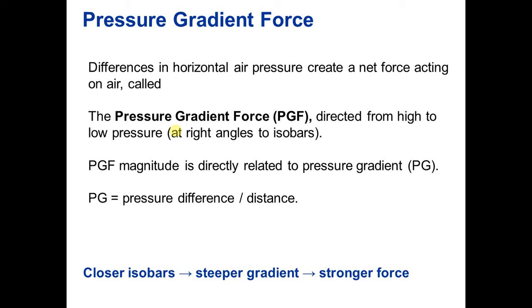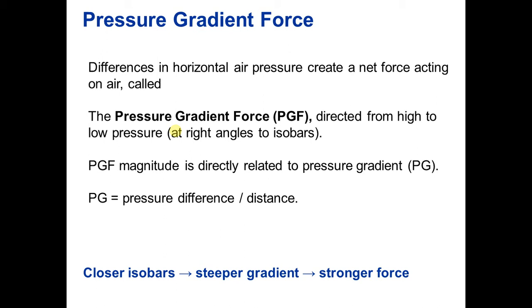The pressure gradient is the pressure difference per distance. So pressure gradient is basically the change in pressure over a distance. And because we want to understand differences in horizontal air pressure and horizontal winds, we're talking about sea level pressure here. Adjusted sea level pressure, not station pressure. Okay, because we don't want the influence of topography to affect our analysis.